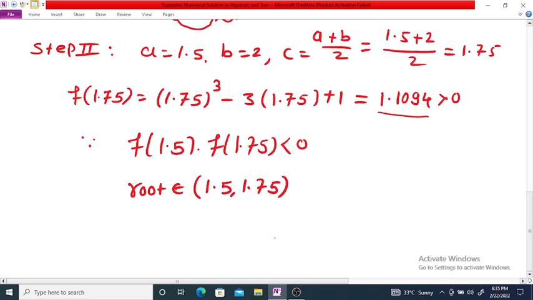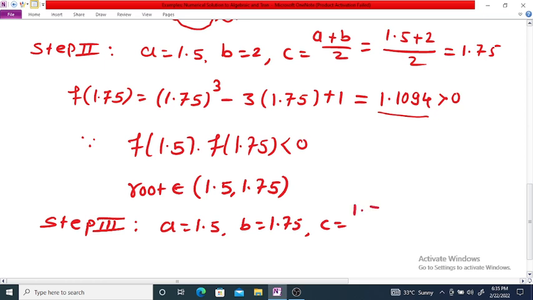Now step number 3: take a is equal to 1.5, b is equal to 1.75, and c is equal to 1.5 plus 1.75 divided by 2, which is equal to 1.625.